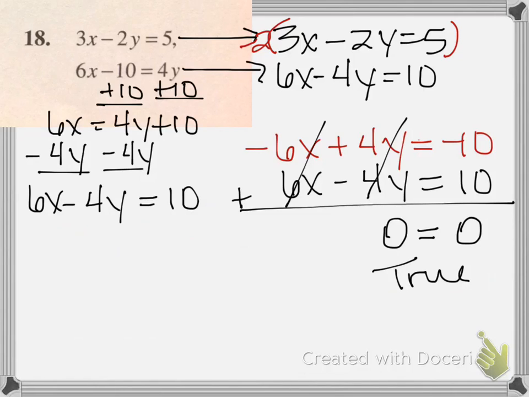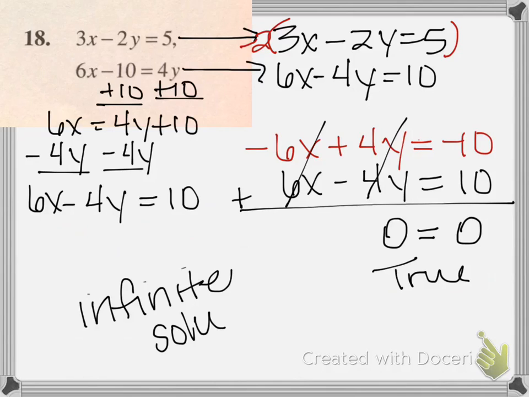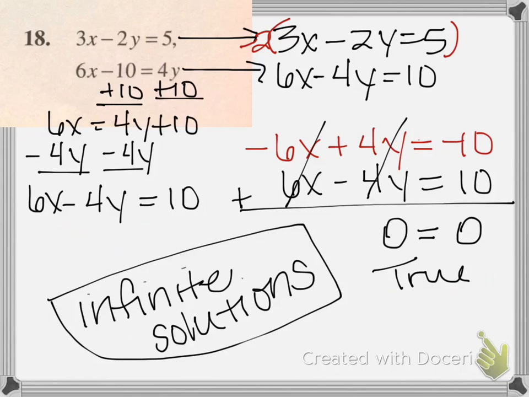They have every single ordered pair in common because they're the same exact line. So this means we have infinite solutions. Had this same scenario happened and our variables canceled and we were left with a false statement, then we would have said no solution, because they would have been parallel lines.